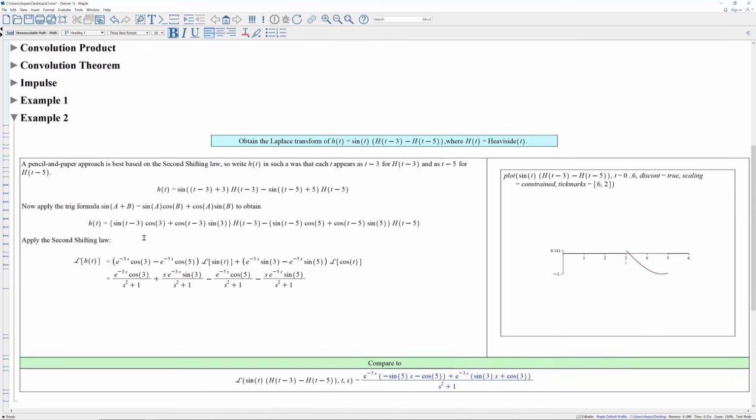Well, now you can apply the second shifting law, and you get this times the transform of sine t, and all of this times the transform of cosine t, where these exponentials arise from the second shifting law. And so your final result is this.